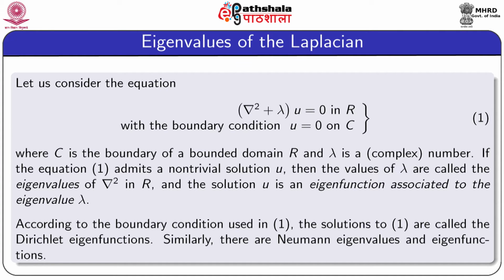According to the boundary condition used in 1, the solutions to 1 are called Dirichlet eigenfunctions. Similarly, one can define Neumann eigenvalues or eigenfunctions when, instead of u, the normal derivative of u is prescribed on the boundary C of the region capital R.